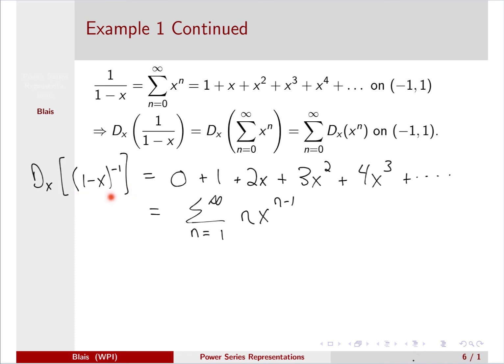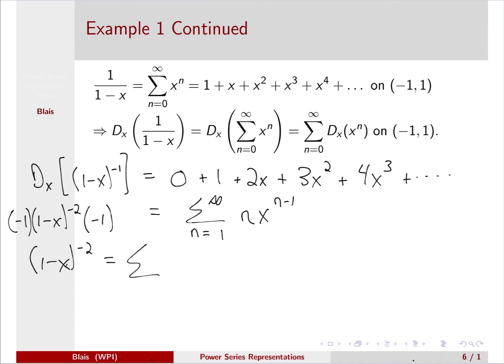On the left-hand side, we can use our differentiation rules to take the derivative of 1 minus x raised to the minus 1. And we know that from power rule, we'll have minus 1 times 1 minus x to the minus 2 times the derivative of the inside, which is negative 1. The minus 1's multiply to become 1, and we're left with 1 minus x all to the minus 2.